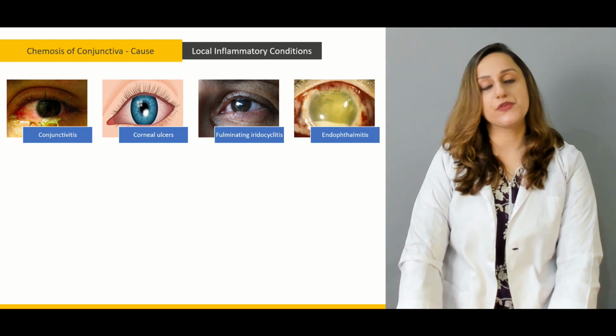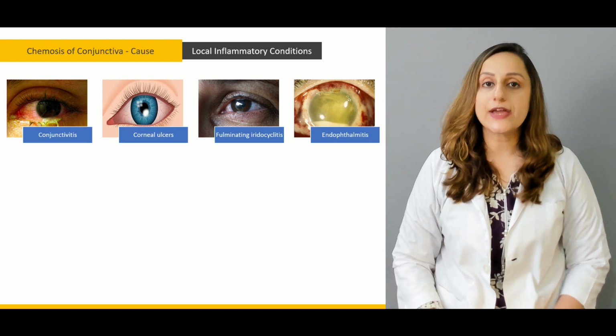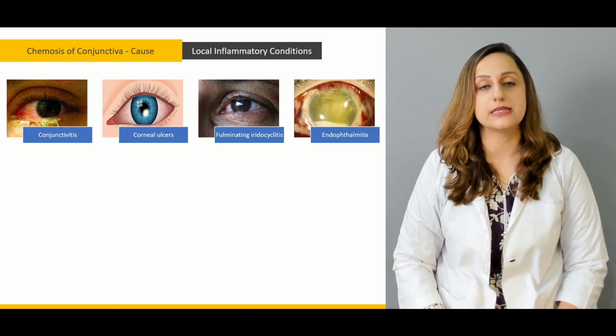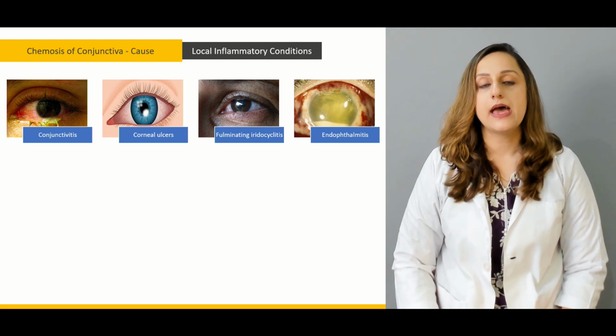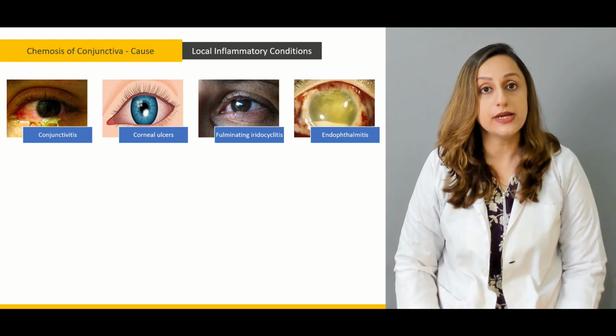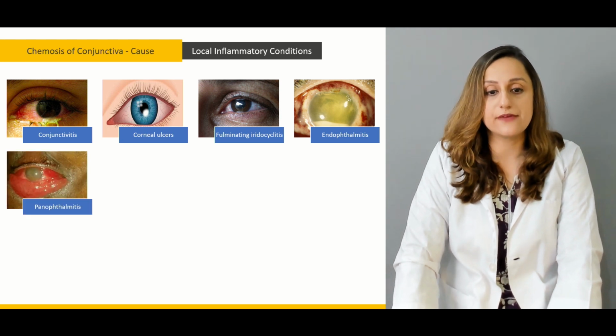Then we have endophthalmitis. Endophthalmitis is basically whenever there is an infectious state involving the conjunctiva, the sclera, the cornea, and the anterior chamber. So it's basically a fulminating picture. And even then, there is the edematous condition of the conjunctiva which can occur.